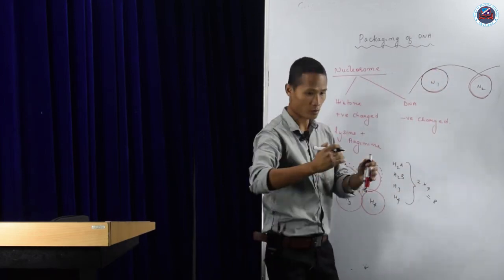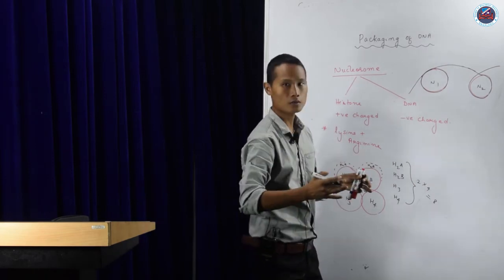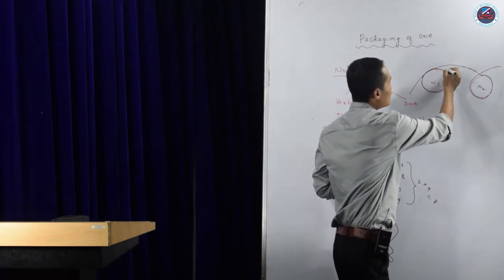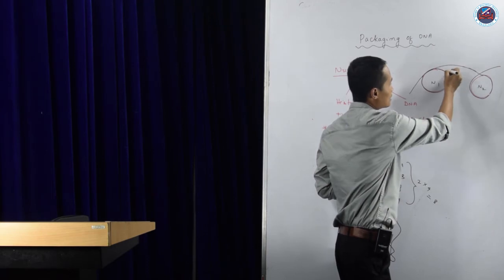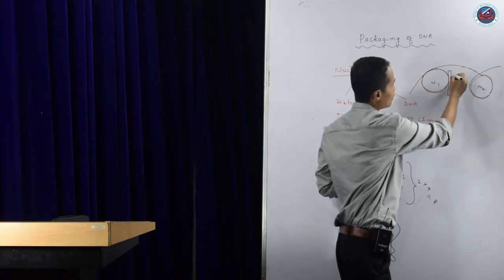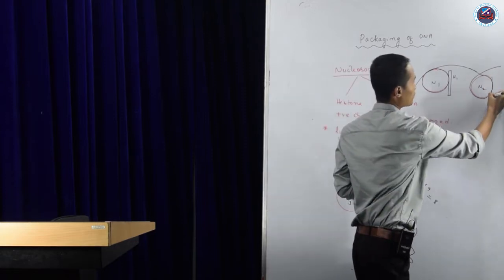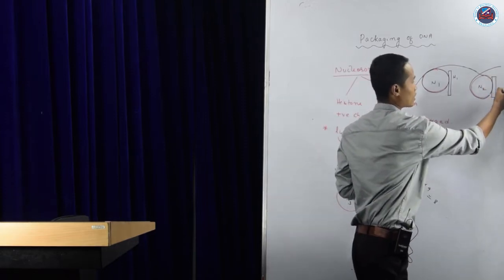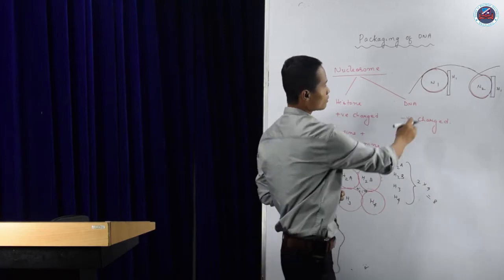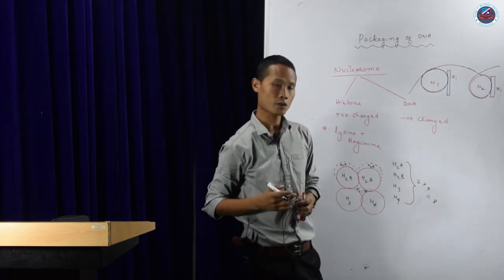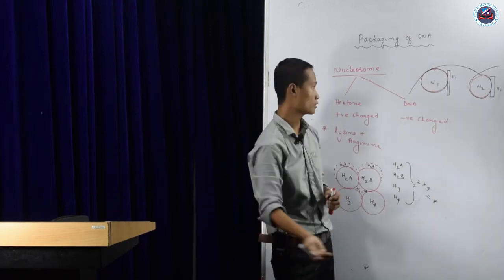If they come so close together, they may collide. So there is a clamp like this, which we call H1 histone. Here also you will get a clamp known as H1. But this is not involved in the process of inheritance, so it was not included.